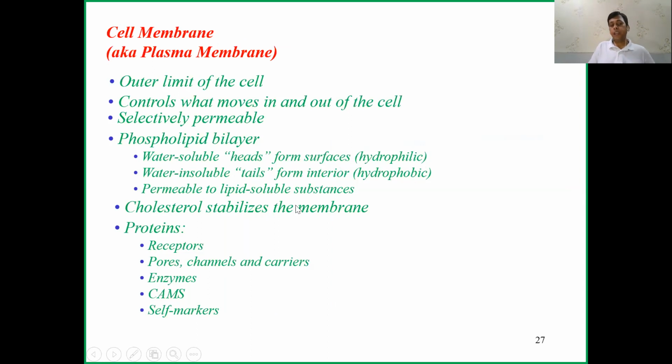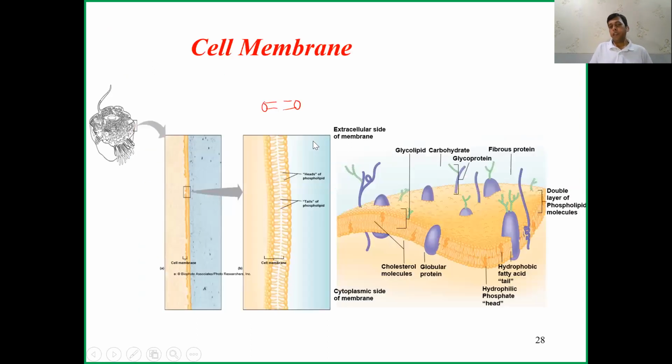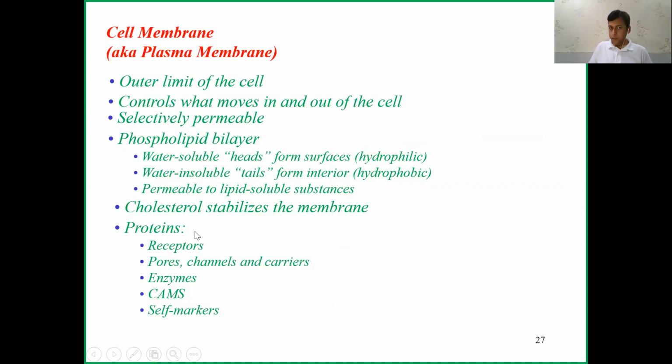This membrane is made up of phospholipids, proteins, and carbohydrates. Very little carbohydrate: 50% protein, 47% phospholipids and cholesterol, and 3% carbohydrate.